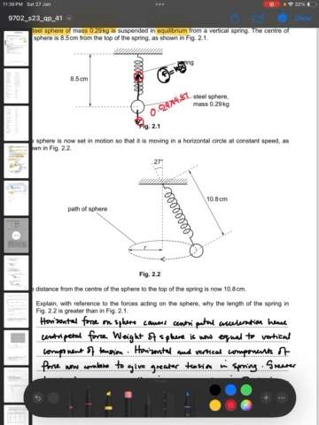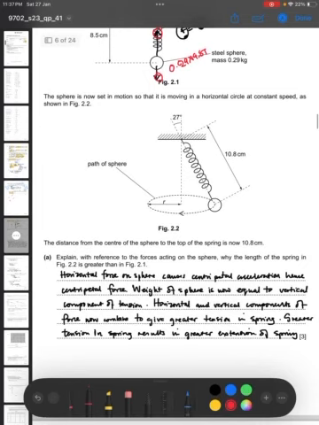constant speed. The moment they talk about something moving in a horizontal circle at constant speed, we know that this is circular motion, and there must be a centripetal force and a centripetal acceleration. Automatically, this is a must. Okay, fine.